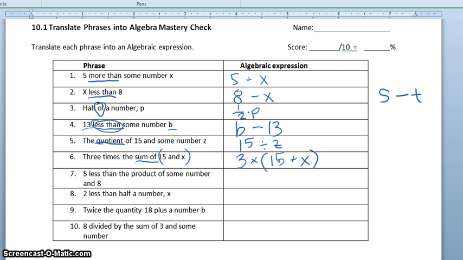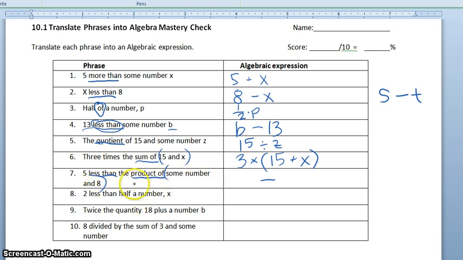Number 7, 5 less than the product of some number and 8. Well, the product of is another grouping phrase. I'm going to group together these two things. And now I also have this keyword less than, which means I'm going to subtract. But remember, the order is going to flip here because of less than. So that means this product of with the grouping phrase is going to go first, and the 5 is going to go at the end.